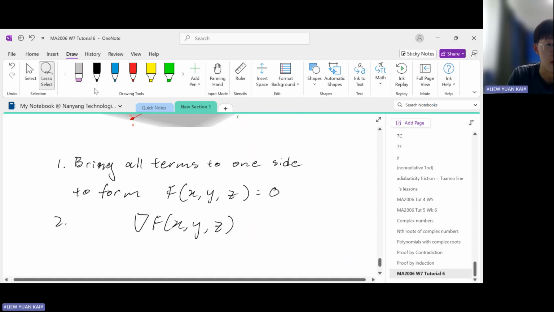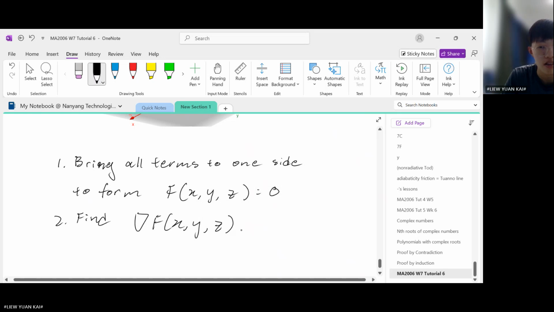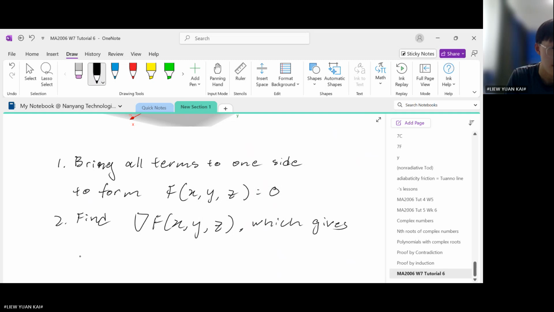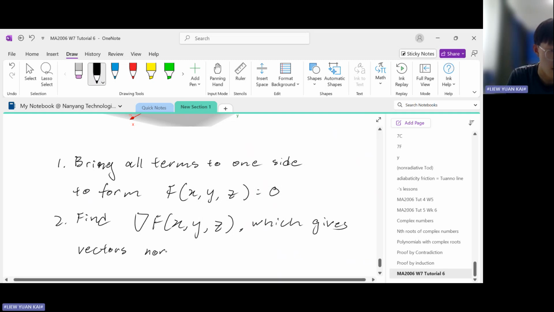So the next thing you need to do is find nabla f, which gives vectors normal to the surface.